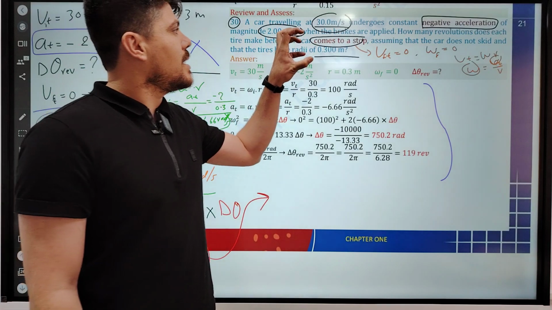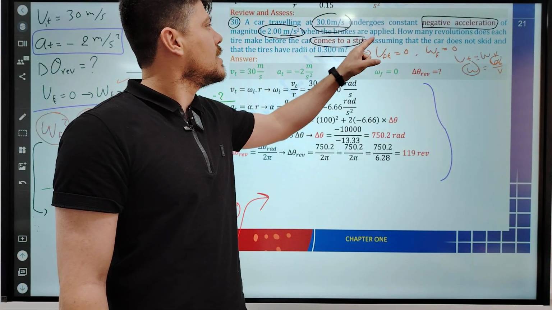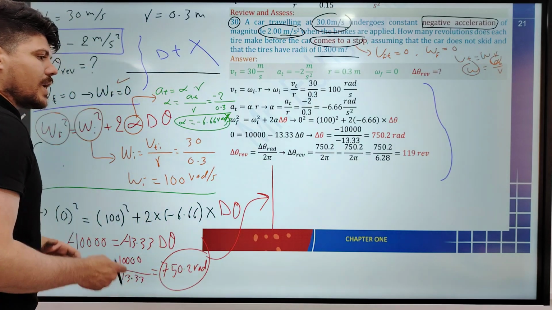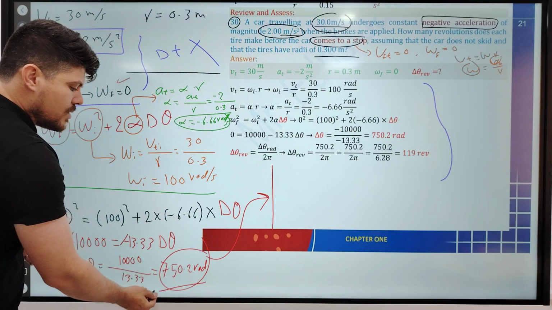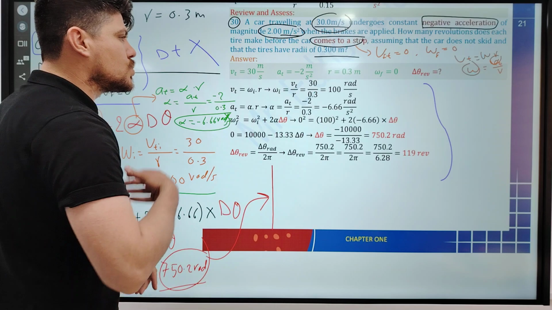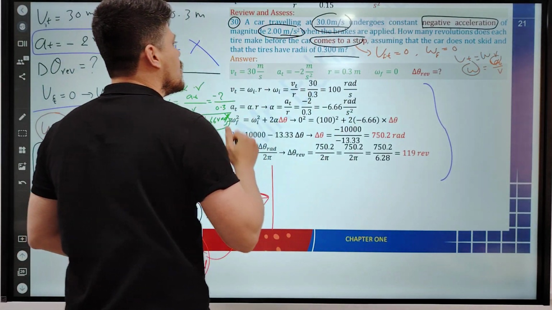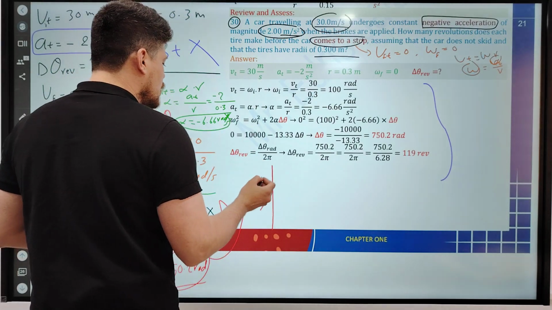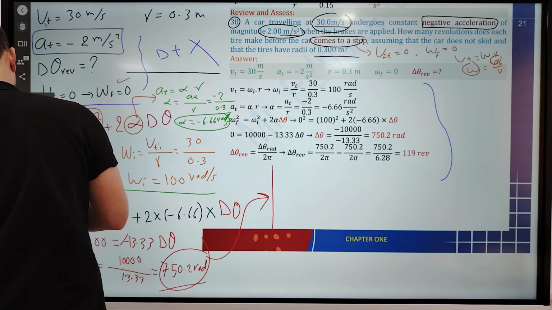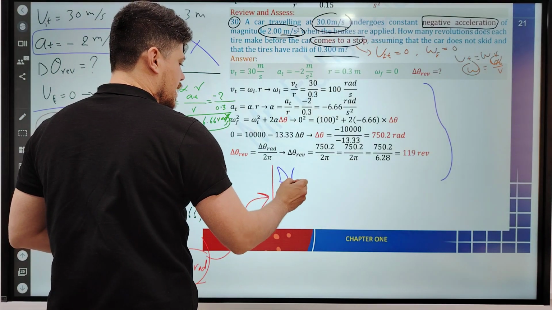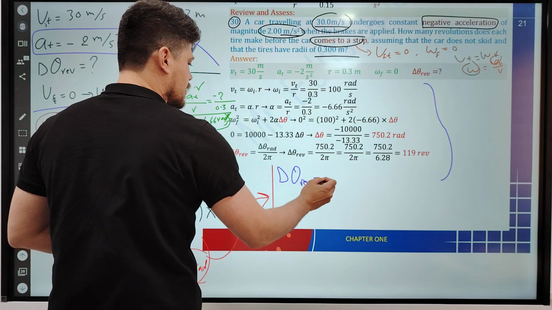The question asks us to find what? How many revolutions. So we have to convert this angular displacement in rad to rev. Why? Because the question said how many revolutions. How can you convert rad to rev? We studied that we have to find theta in revolution.